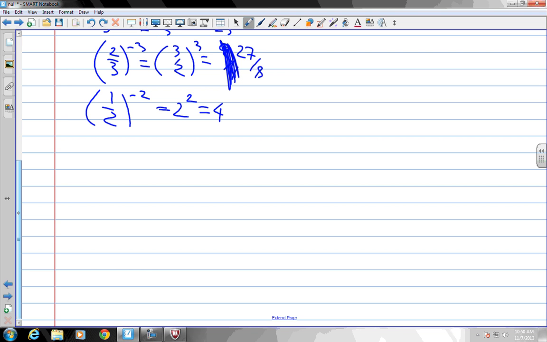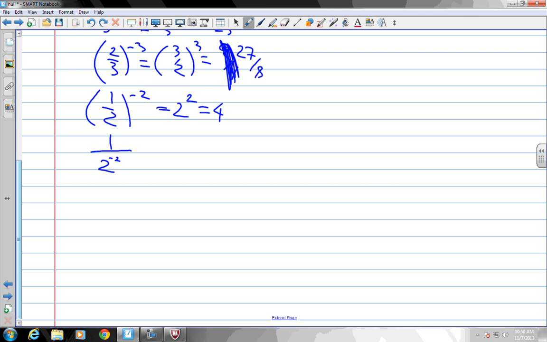But what if I write something like this? 1 over 1/2 to the negative second power. So only the denominator has a negative exponent. Well, first of all, these two problems are identical.